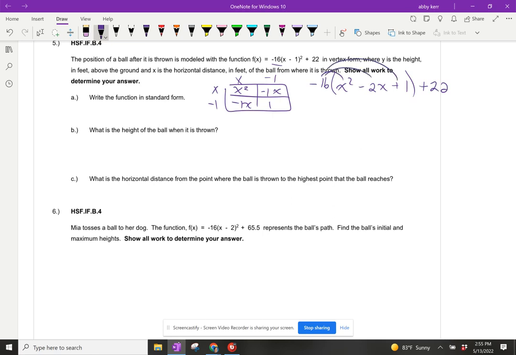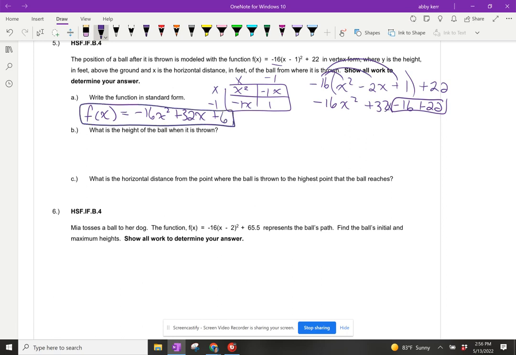We want to make sure that we distribute, and then plus 22. So then we want to combine like terms. So negative 16 plus 22 is 6. So rewrite everything, including the y equals, or sorry, that should have an x with it. 32x plus 6. So then that's my equation.